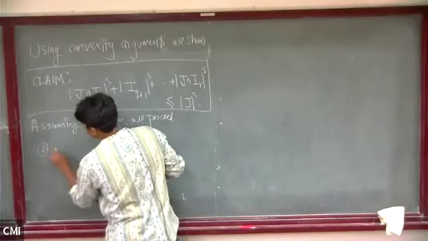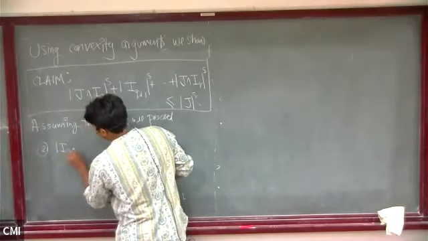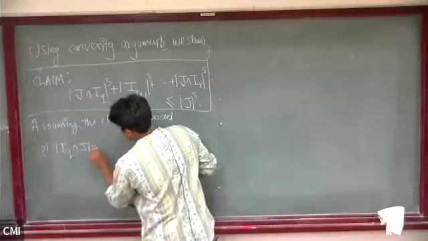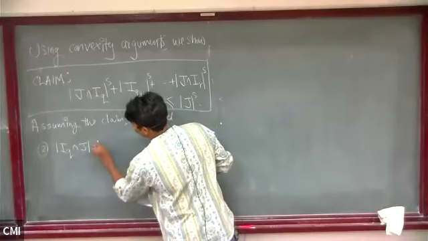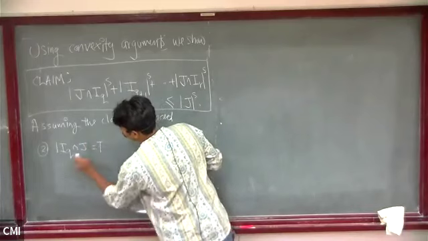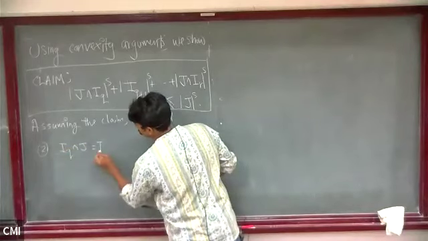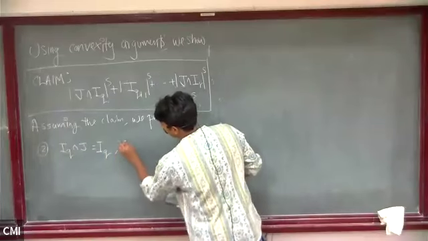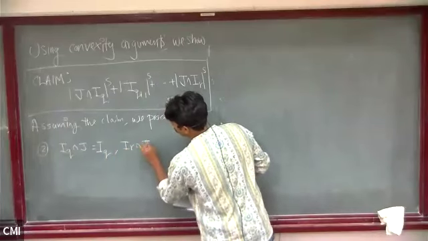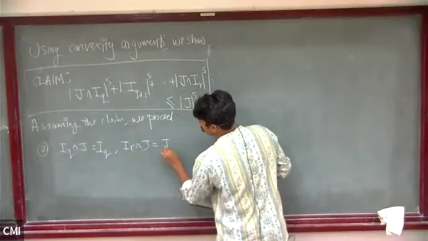The first case is when both IQ and IR are completely covered by J, so that IQ intersection J is the same as IQ, and IR intersection J is the same as IR.